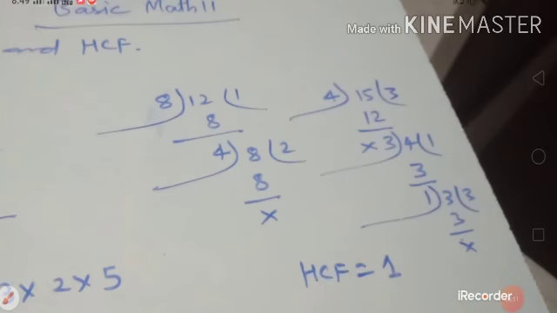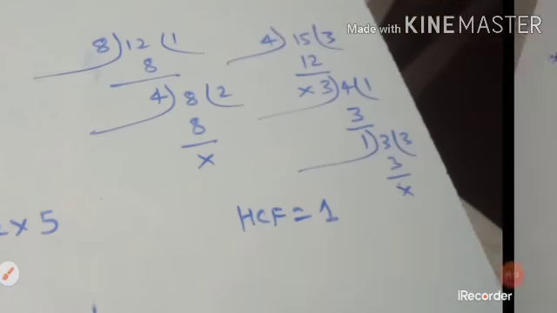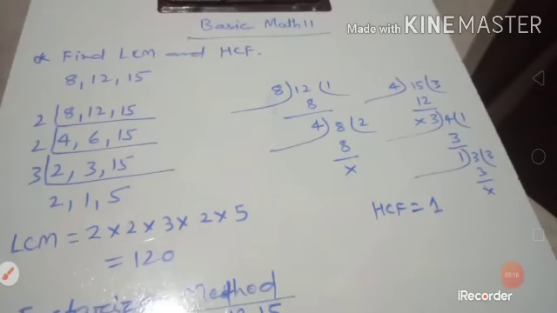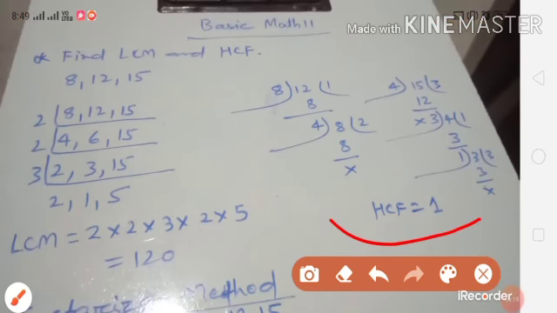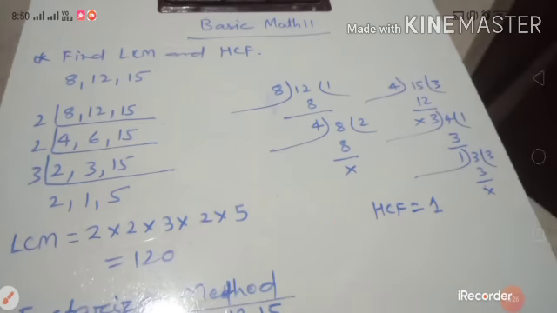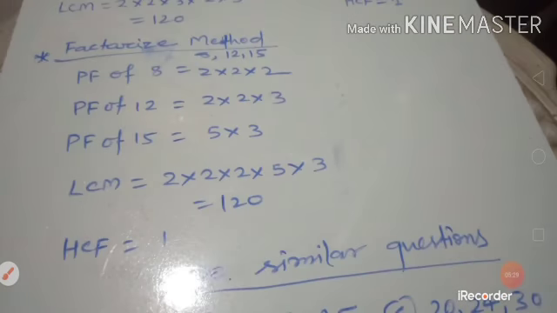So we see that as HCF we find 1. So I think that you have no problem to understand this, and go ahead for the second process, that is the factorize method.